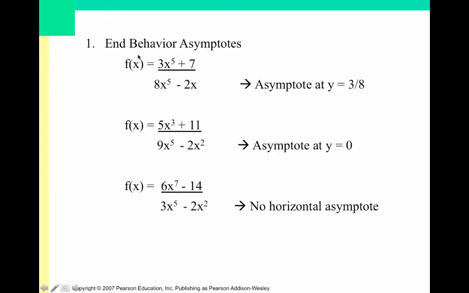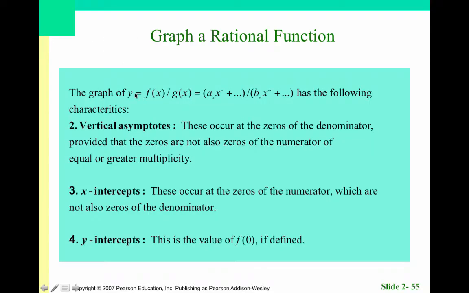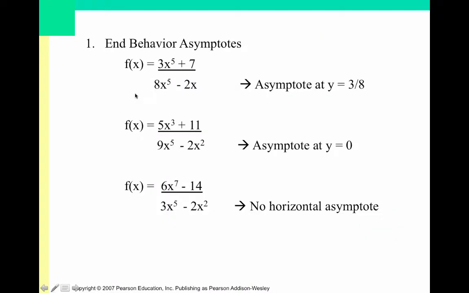First one, the only thing we're looking at is our lead coefficients. Lead terms, excuse me. I kind of like to look at this as simplification. If I just put 3x to the 5th over 8x to the 5th, the degrees are equal.